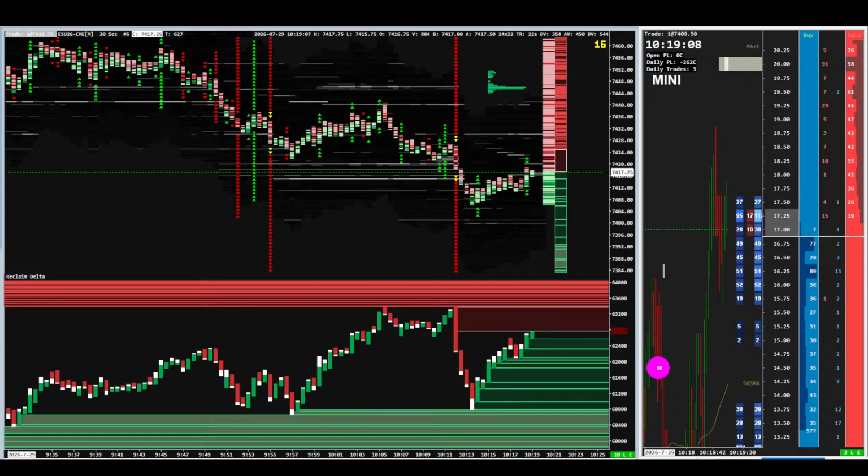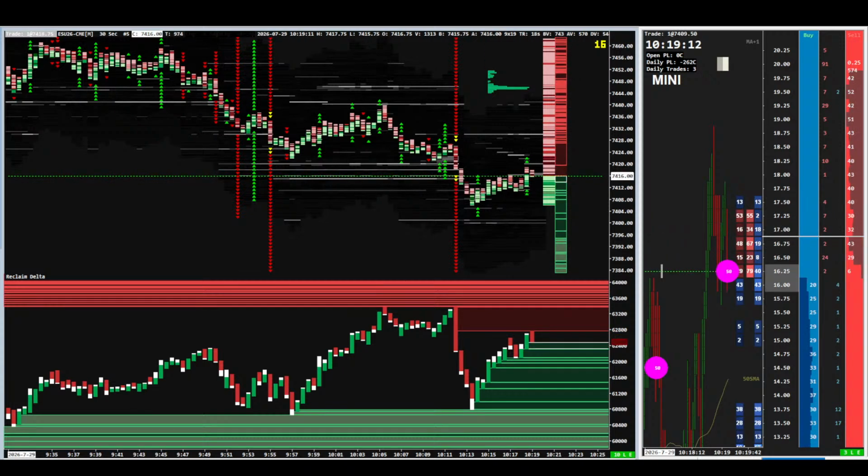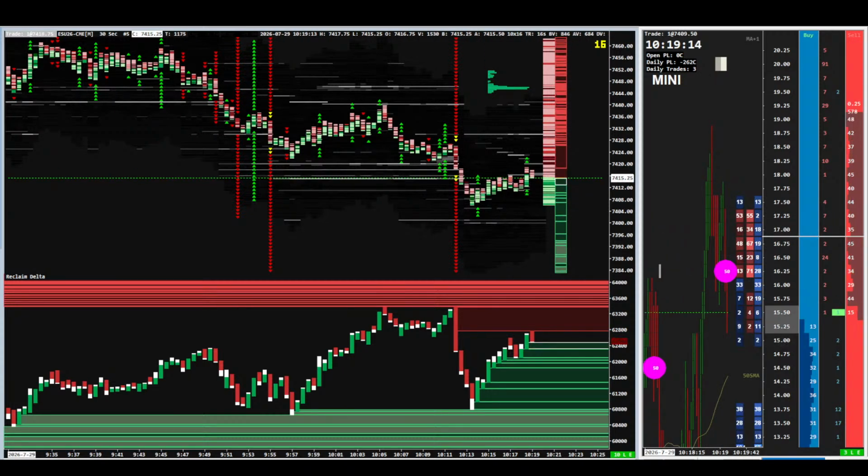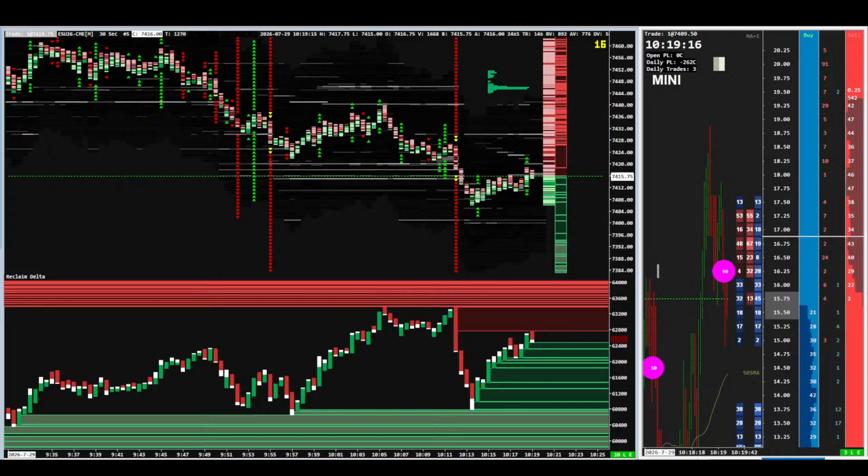Another hot green. The liquidity, that delta's gonna close the high. Potentially, I don't know.